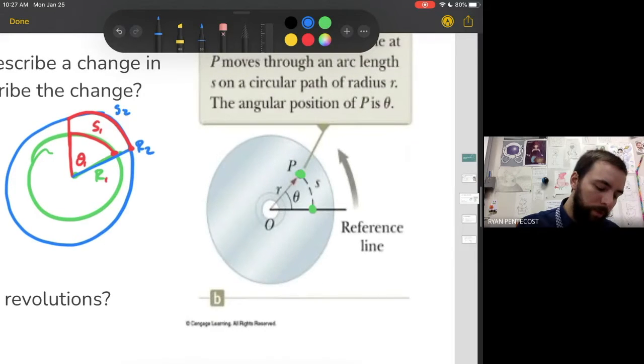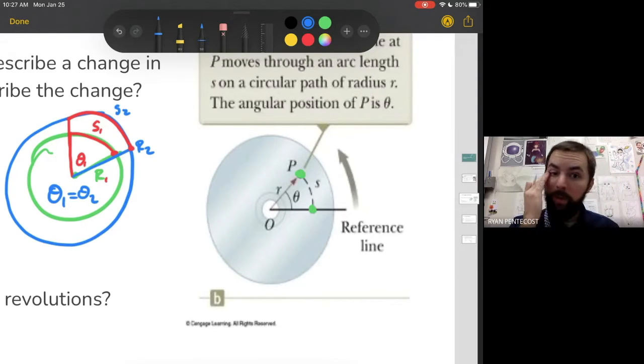But the thetas will equal each other, right? You can see that it moved the exact same angle. The radius, however, is longer, and that makes the arc length longer.